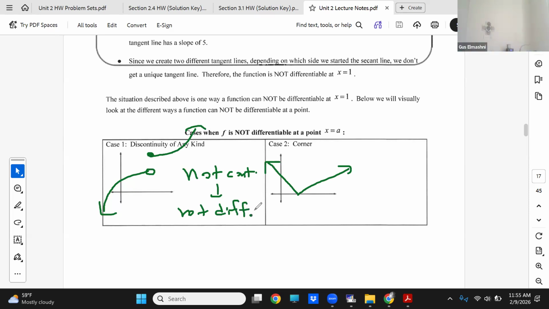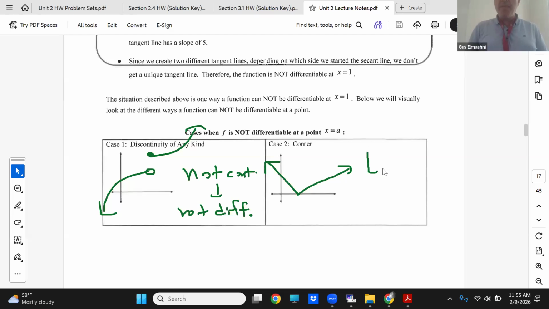Because if you think about it, if I try drawing a left-hand derivative, I'd be doing something kind of like this, almost like a vertical slope in a way. Obviously, if I draw my right-hand derivative, it looks like this. So when you're not continuous, you're not differentiable. Which means you need to be continuous to have differentiability. We'll have more of that discussion tomorrow. But you need continuity for differentiability to happen.